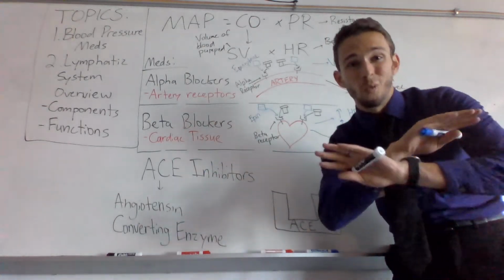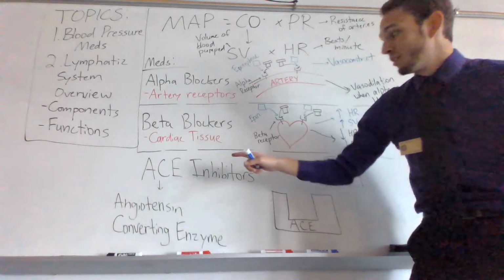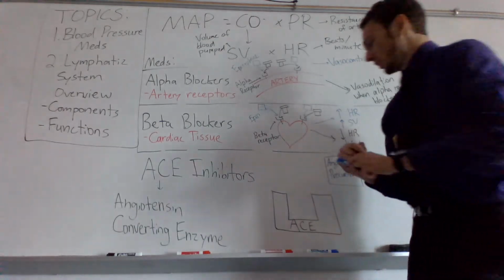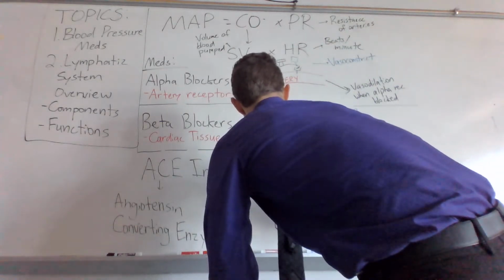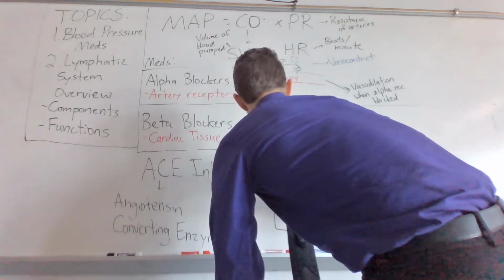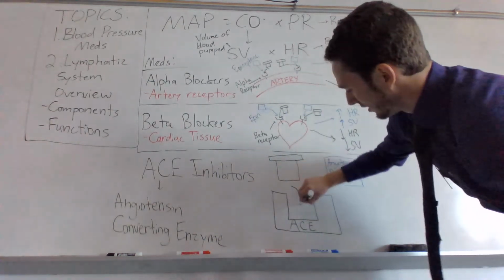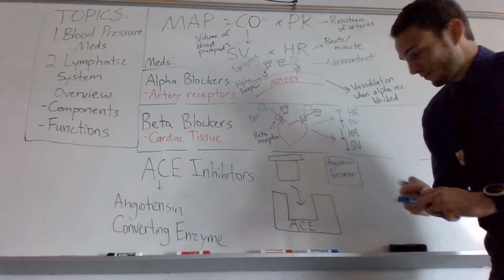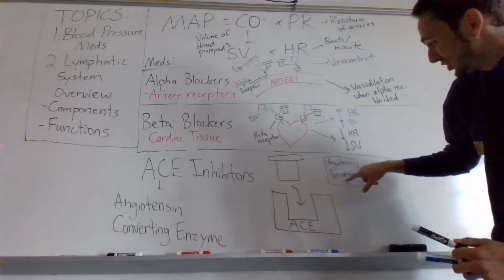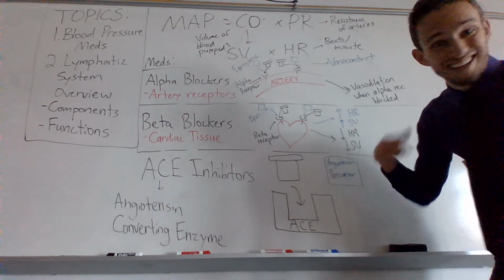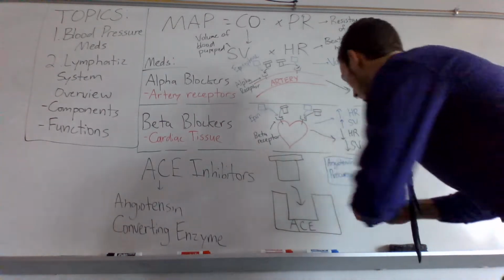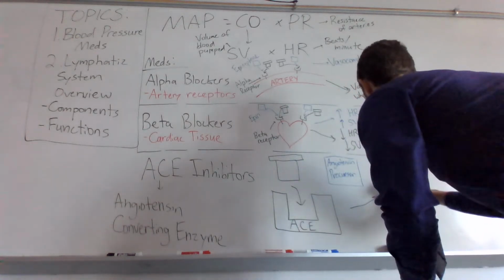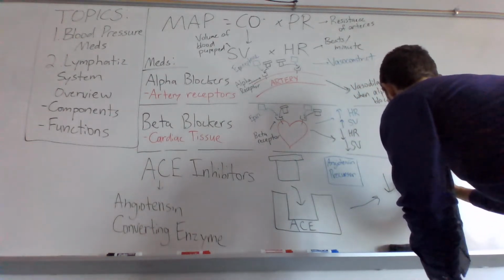But remember, we don't want that. So we're going to use an ACE inhibitor. So one of the inhibitors is going to look something like this again. And it's going to bind to this enzyme. And if it binds to the enzyme, well, now angiotensin precursors can't bind, can't get converted into angiotensin. So it decreases angiotensin production.